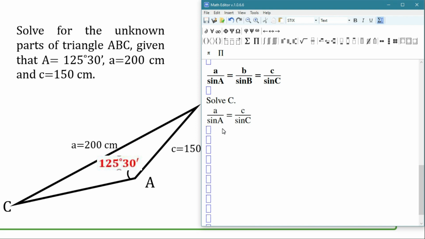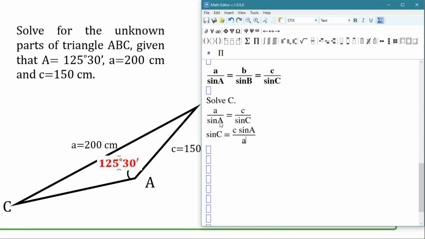We can manipulate the formula right away to find angle C, and that is sin C equals, by multiplying both sides by sin C and by dividing both sides by c. That will yield c sine of A over a, if I'm not mistaken. Is that right?